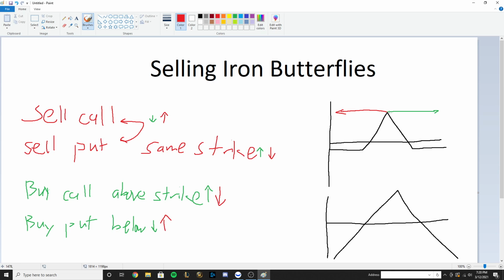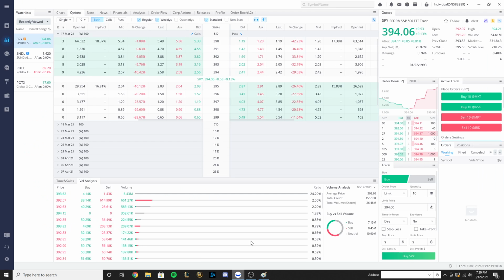So, the reason that you experience max gain when the price of the underlying finishes at exactly the strike price is because, let's actually just walk through what an iron butterfly would look like with the SPY charts.